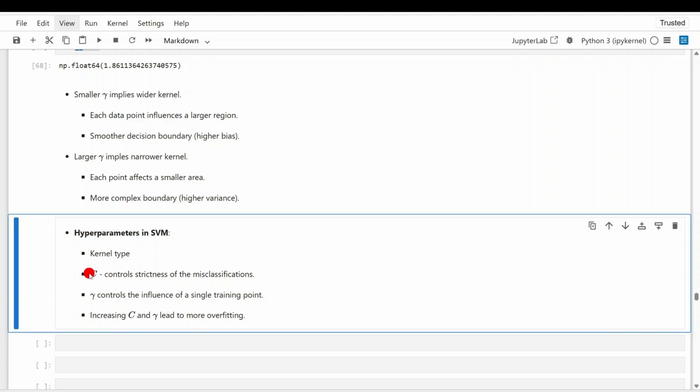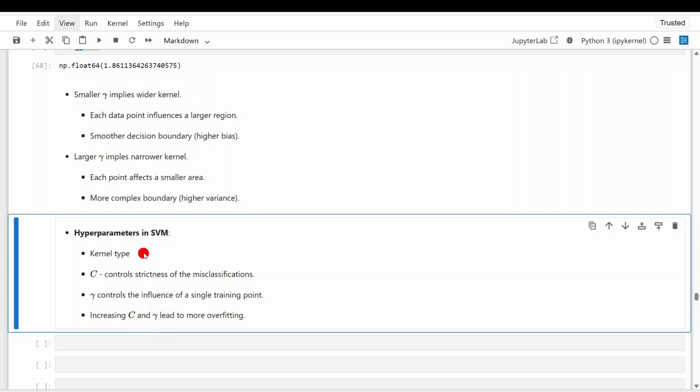Another hyperparameter is the regularization parameter C, which controls the balance between misclassification error and maximizing the margin. Gamma is another hyperparameter which controls the influence of a single training point. If gamma is smaller, the point influences a larger region, but if it is larger, a point influences a smaller area. In general, increasing the regularization hyperparameter C and the gamma hyperparameter may lead to more overfitting.